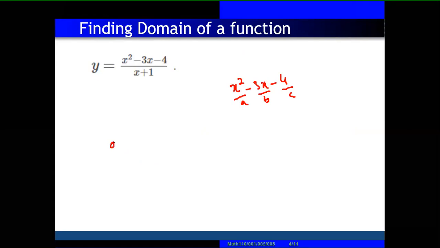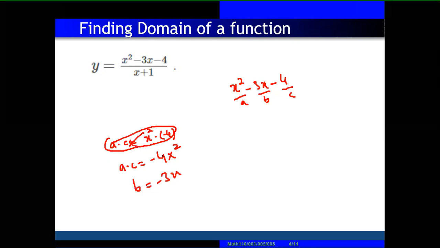The rule is multiply a with c. You know that a is x square and c is minus 4. So when you multiply these, a multiplied with c equals minus 4x square. What is b? b is actually equal to minus 3x. Correct? AC is minus 4x square, b is equal to minus 3x.